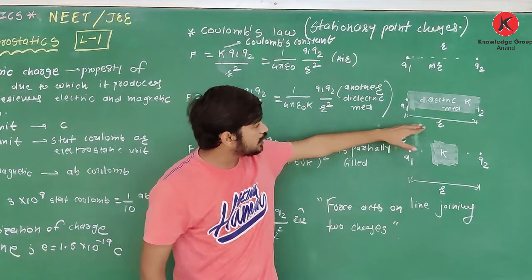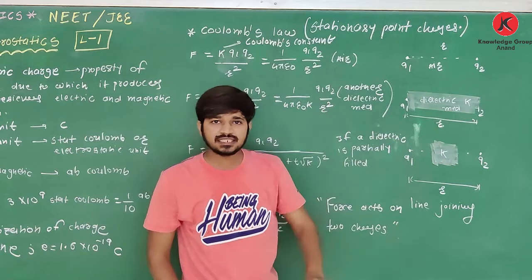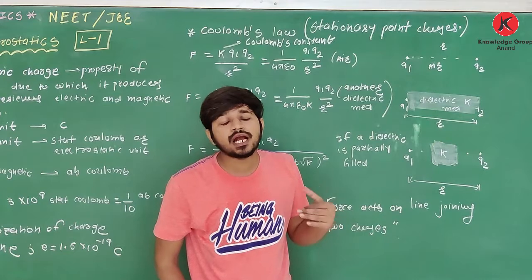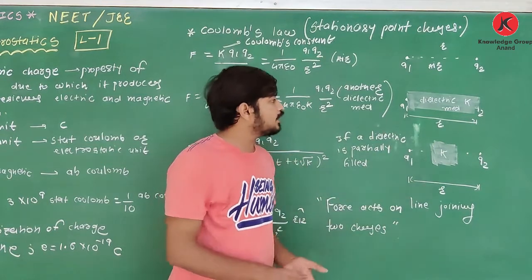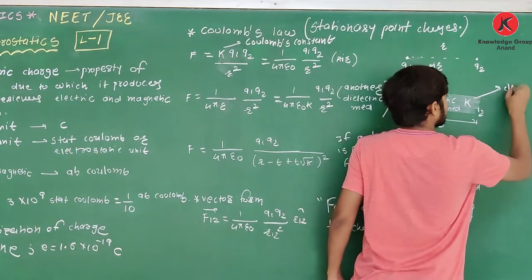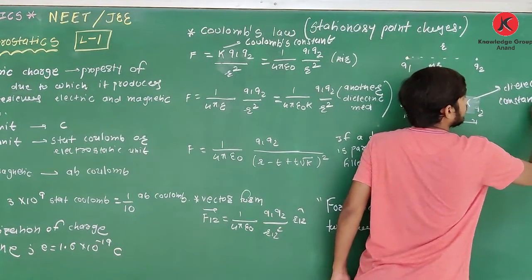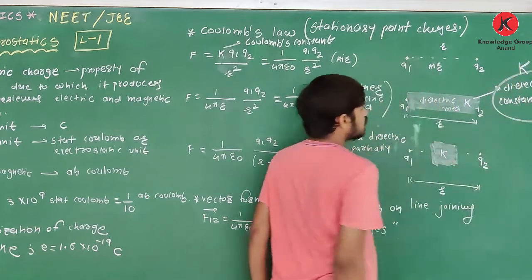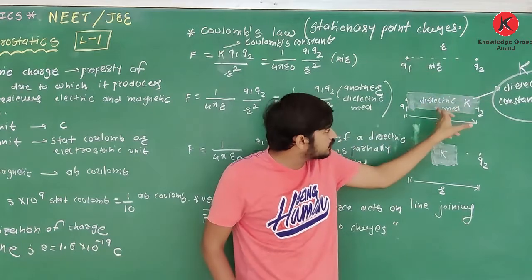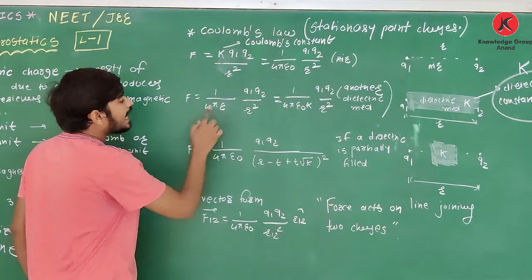Now, as shown in the figure, two same charges Q1 and Q2 are separated by distance r, but the medium between them is replaced by another dielectric medium having dielectric constant K. The whole space between Q1 and Q2 is replaced by the dielectric. Then the equation is F is equal to 1 upon 4 pi epsilon Q1 Q2 upon r square.